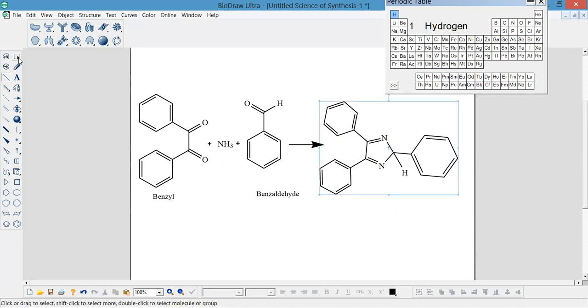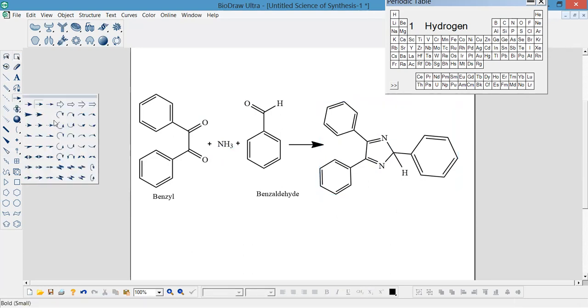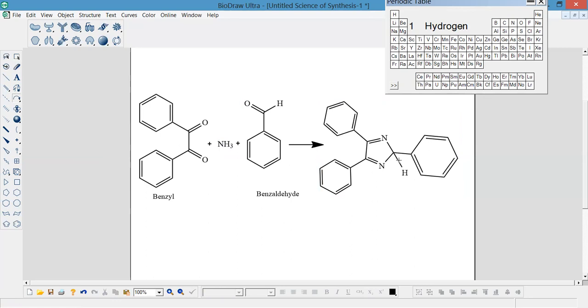Now this compound will undergo rearrangement. This mechanism of reaction is represented by arrows like this. These are the half curved arrows. For example, this bond, the attached hydrogen, moves to this position, and this bond moves in this direction, and this bond is moved to this nitrogen atom.